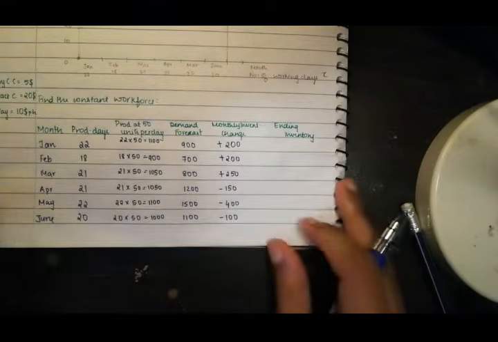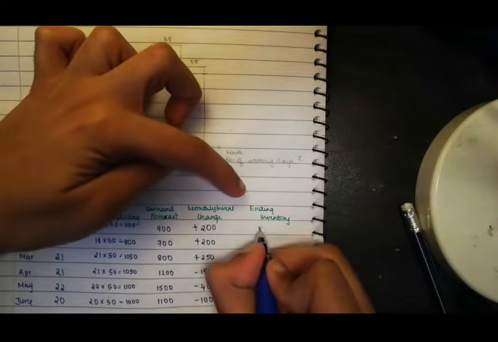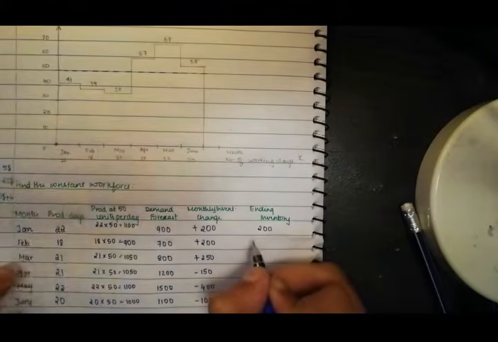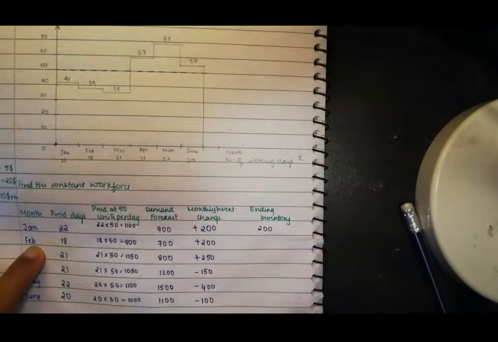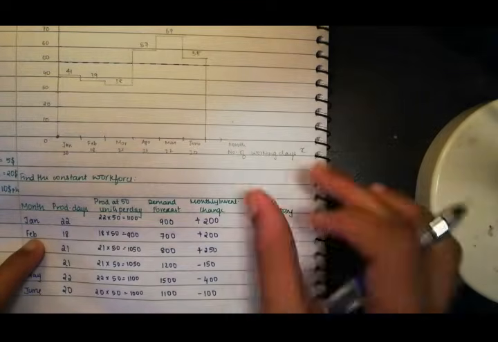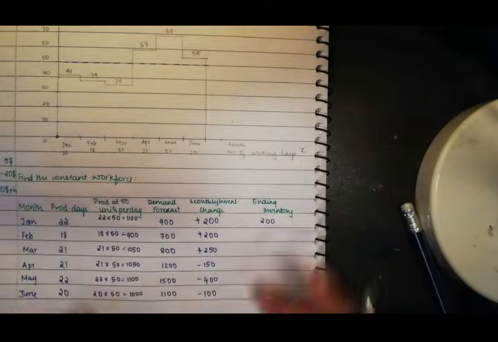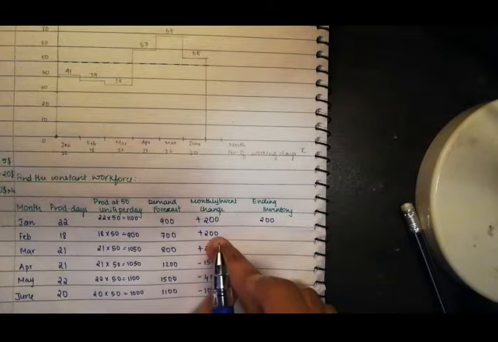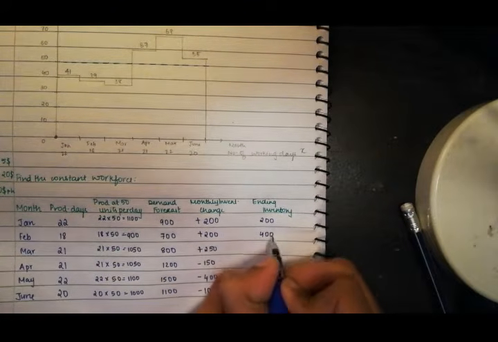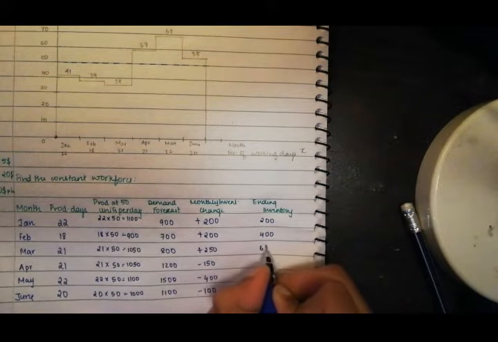And now what's the ending inventory going to be? This is exactly like what we do before. Since it's 200, now we add this 200, we need 200 more, including February. After accounting for all of these changes, what is going to be our ending inventory? So 200 plus the 200 for February, which accumulates to 400. 400 plus 250 is 650.